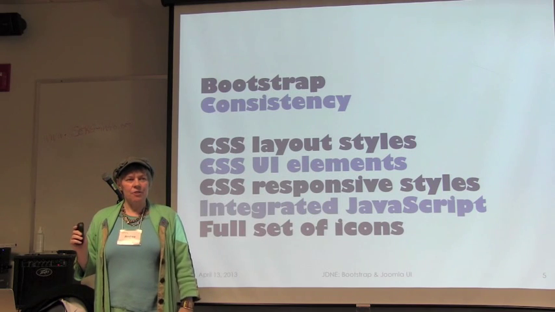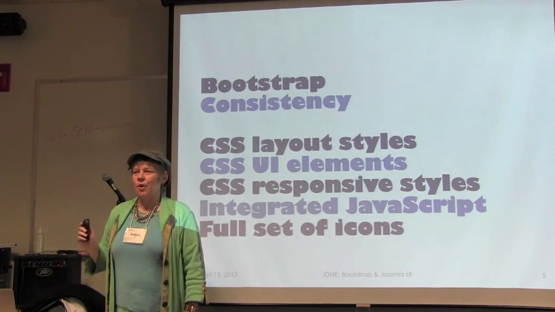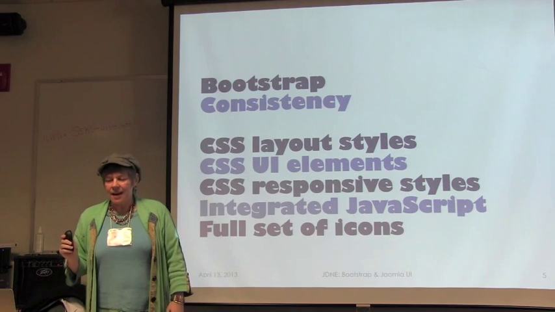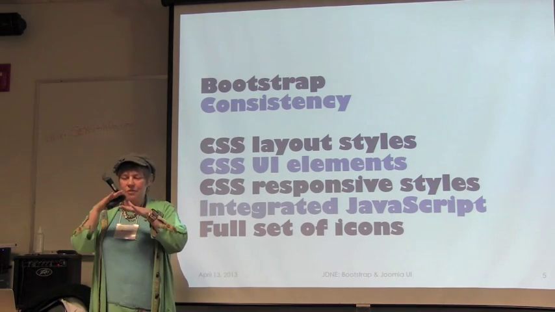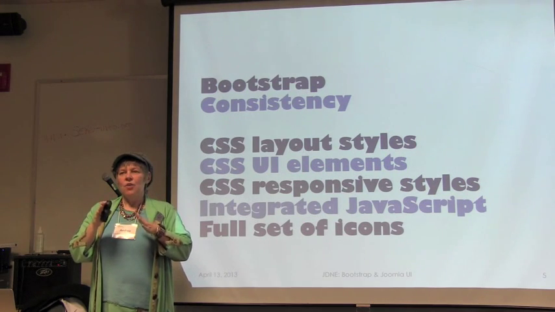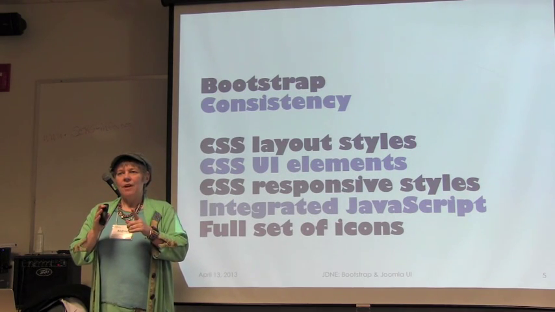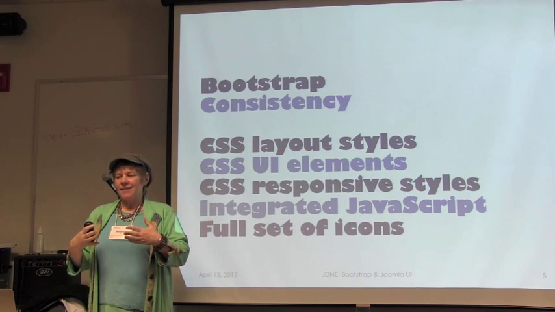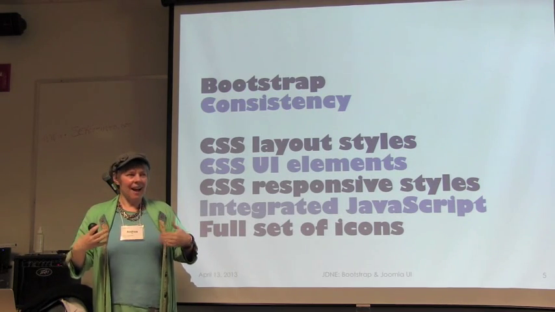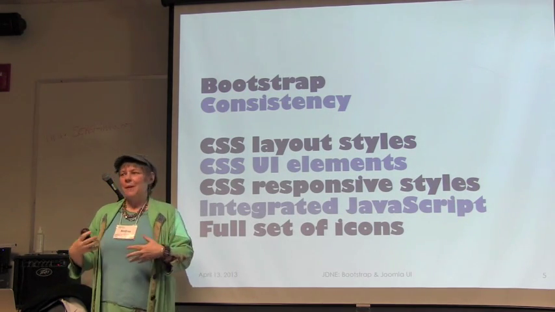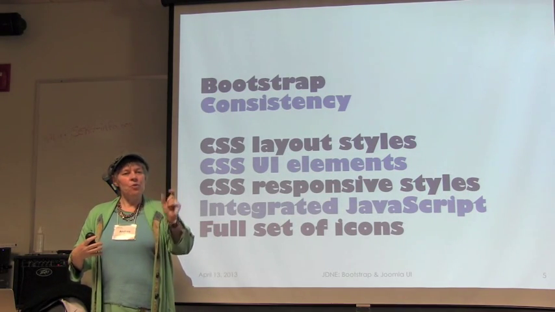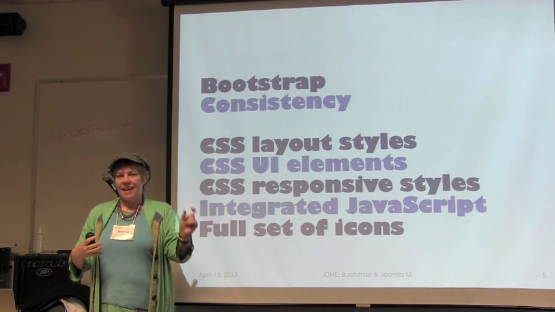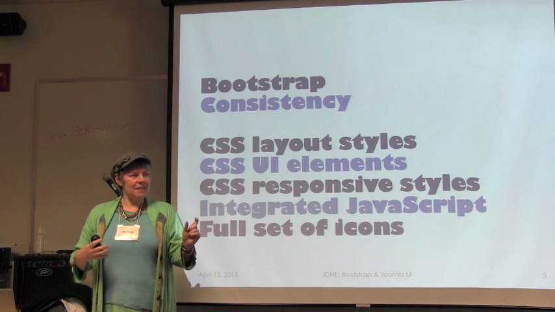It also has a full set of icons, and what this is for is, rather than having to download pictures for a bunch of things, even if they're small pictures, it has a font that has icons in it. So you can just specify an entity, a number, and that will use that font character to be displayed.